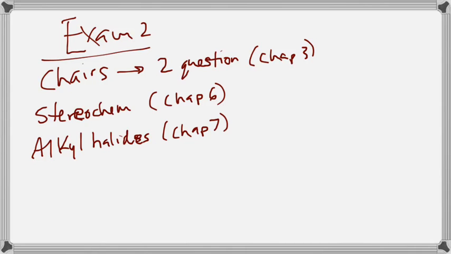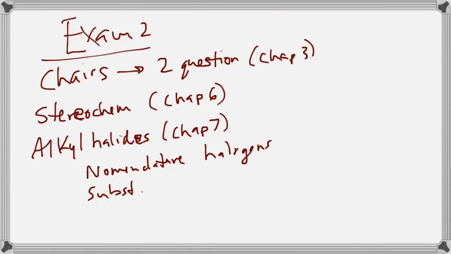From that we get some nomenclature with our halogens. So nomenclature halogens. And then what else do we get? We've got your substitution reactions, and you've got your elimination reactions.